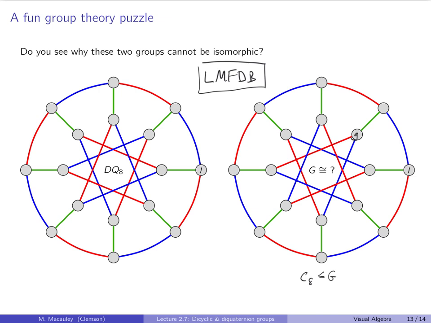And let me think. I don't know if it has Q8 as a subgroup. I'm not really sure. It probably does not. But that right there should narrow it down to a handful of groups, if not only one group. So what group is this? Go answer that. And if you're one of the early ones to watch this video, you might be the first person ever to discover the answer to this question.